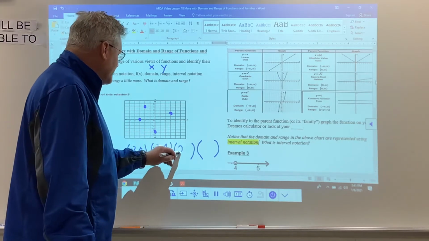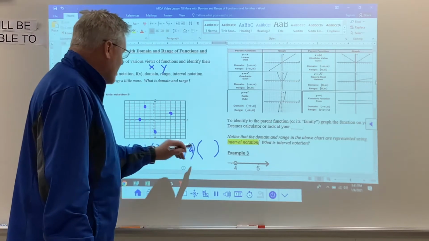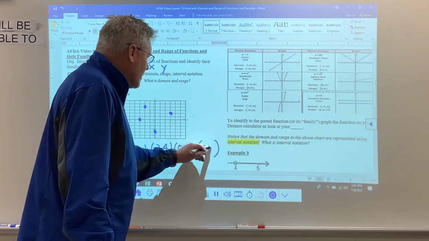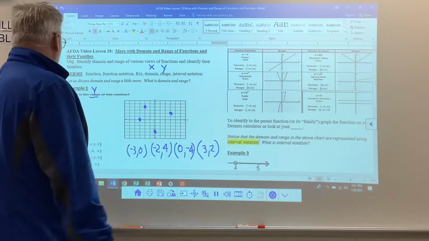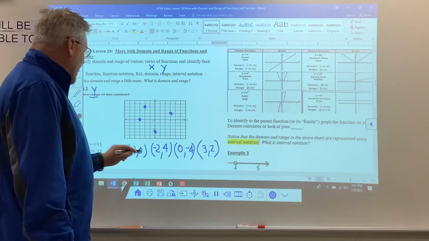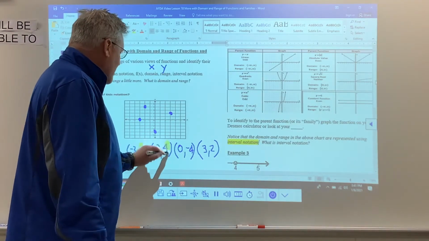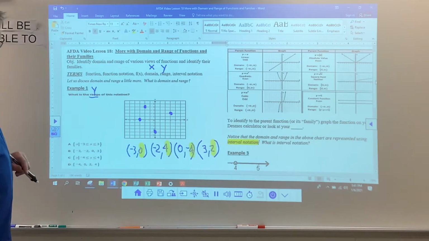This point is at 0, -4. And our last point is over here at 3, 2. So again, if we're talking about range, we're talking about all the y values here. So we can look at the y values, which would be that number, that number, that number, and that number. So let's look for those over here in our answer set.